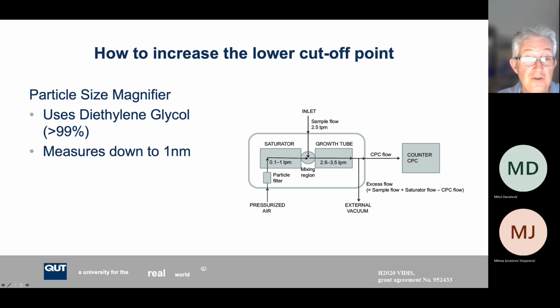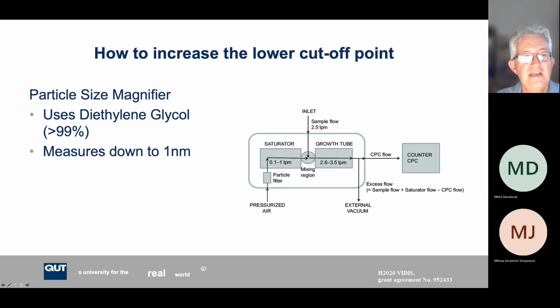And then they can't grow fully. This is still too small to be detected. So then they're passed on to another condensation particle counter based on butanol, where they now fully grow to 1 micron and more in size, and they're measured.